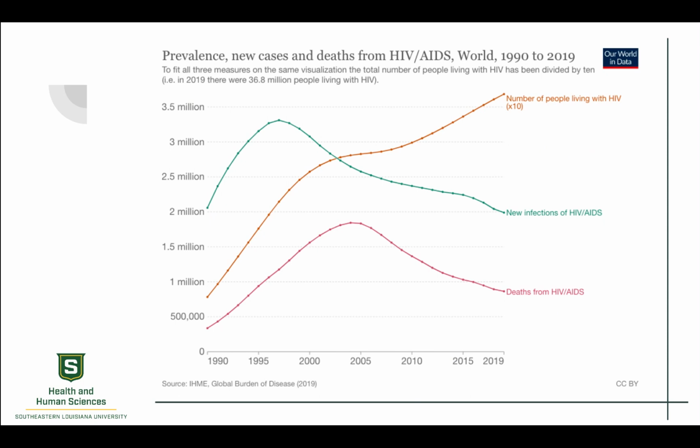They could be looking at all three at the same time, like in this study that is looking at prevalence, new cases, and deaths of HIV from 1990 to 2019. So you can have studies that are looking at all three of them.